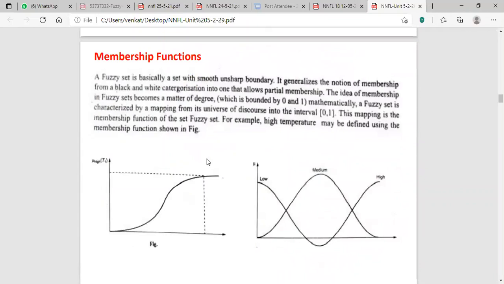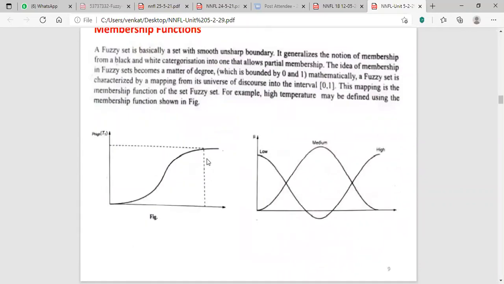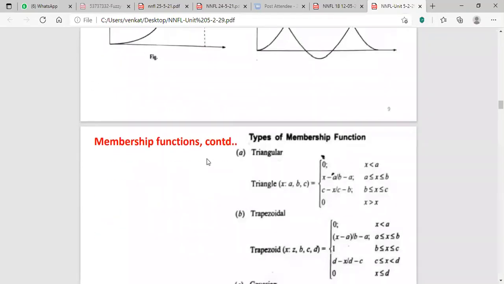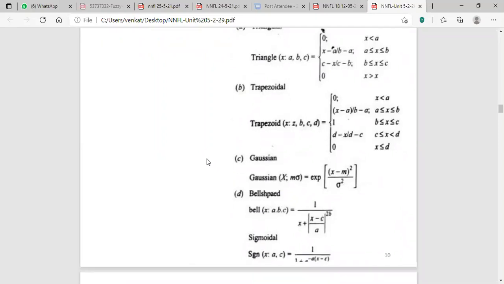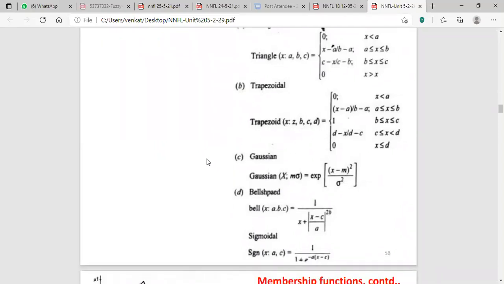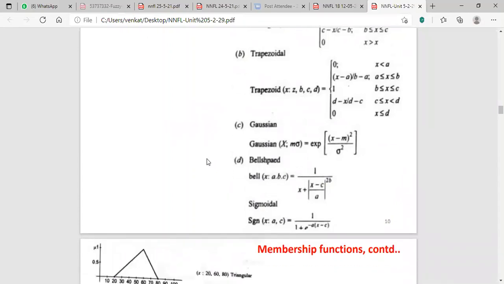Next, membership function. We already know we express the fuzzy set with membership functions. Types of membership functions are triangular, which is expressed in intervals a, b, c; trapezoidal, expressed as a, b, c, d; Gaussian membership function, bell-shaped membership function, and sigmoidal membership function.